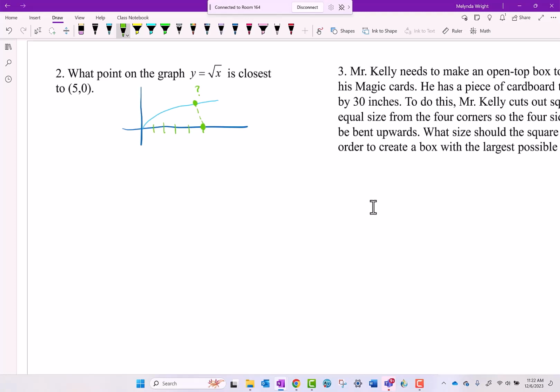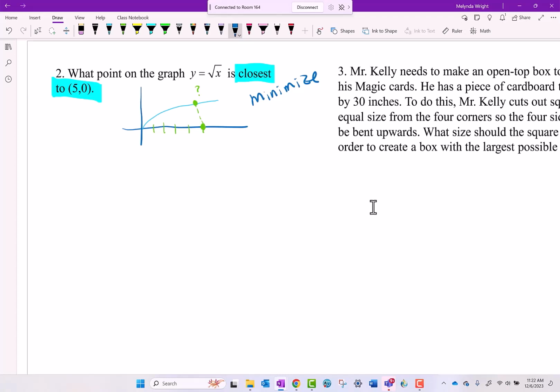Okay, so let's think about what that means. First of all, closest means minimize. So closest to, this is something we're going to minimize. And so we need to think about what kind of equation I could write that would help me determine close.